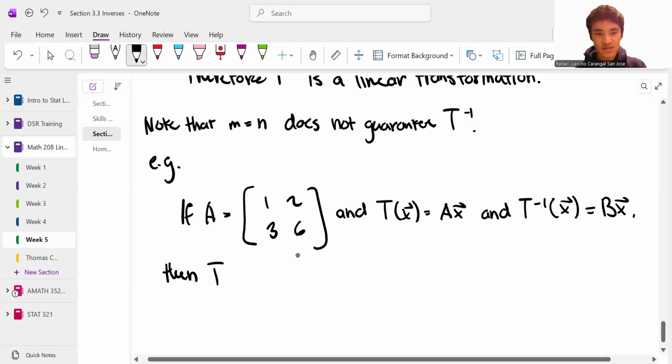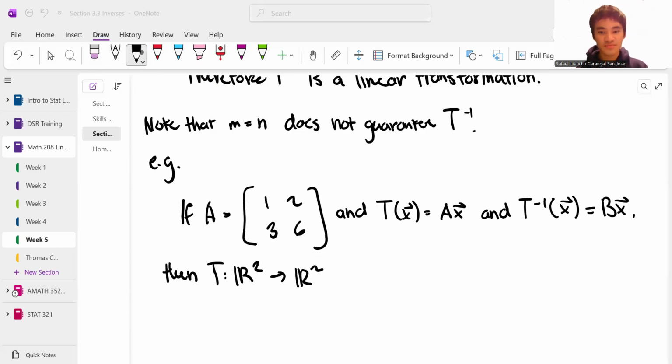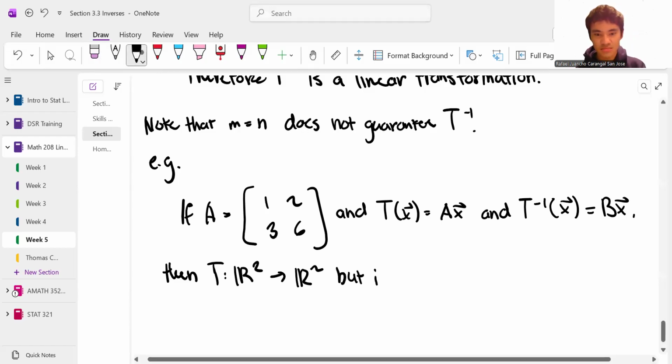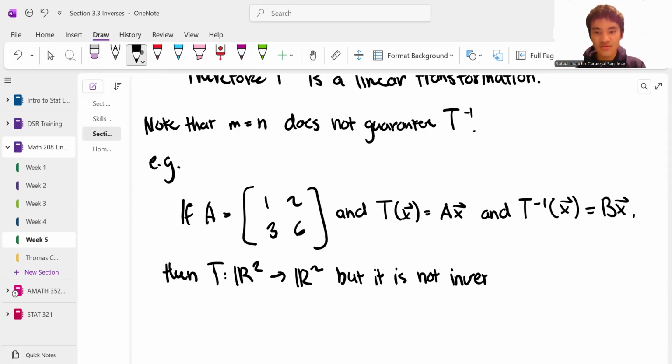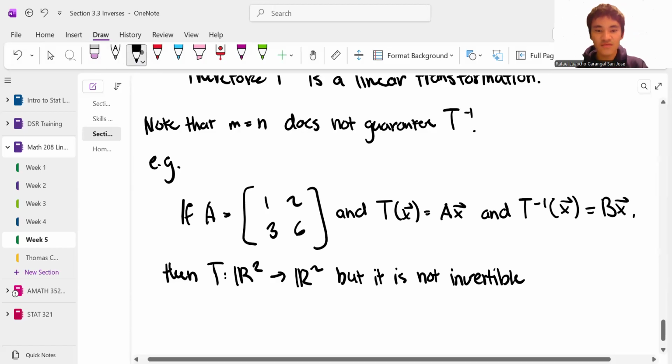So we're going to say that T is a transformation from R^n, which is going to be R^2, and it's going to transform our vector into an R^2. But we say here that this transformation does not have an inverse, or it's not invertible.